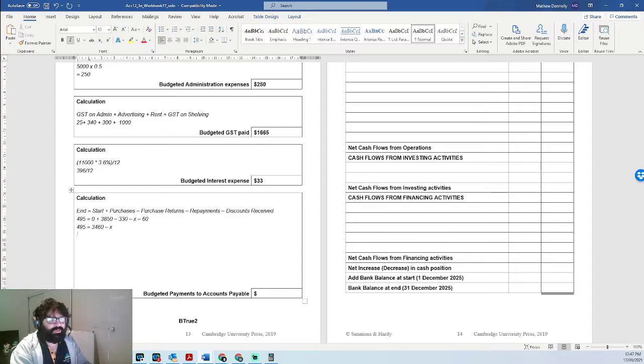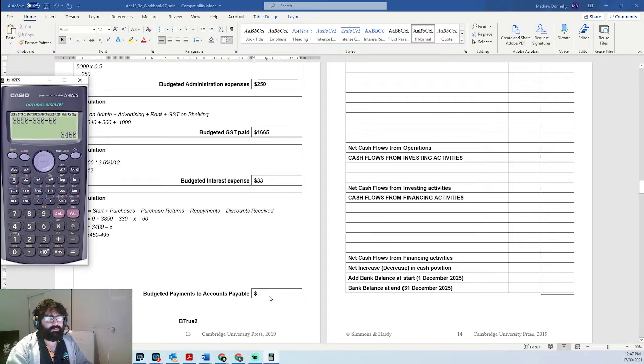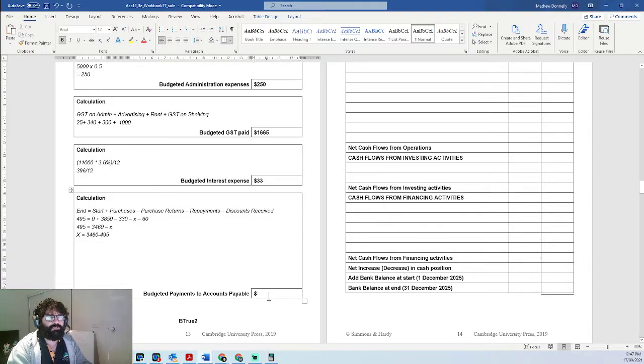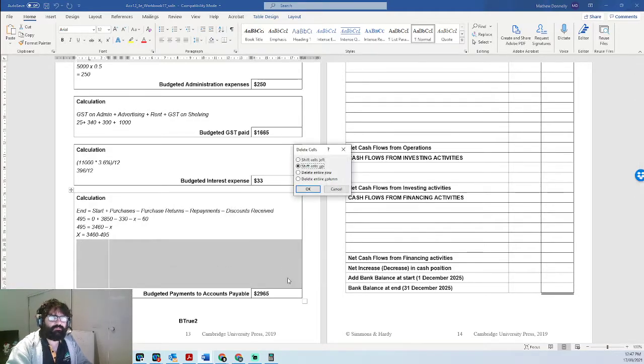If we plus x to both sides and minus 495 from both sides, it becomes x equals 3460 minus 495. And that accounts payable, that's x by the way, 3460 minus 495 will give us 2965. Again, 2965. So let's chuck our numbers in.